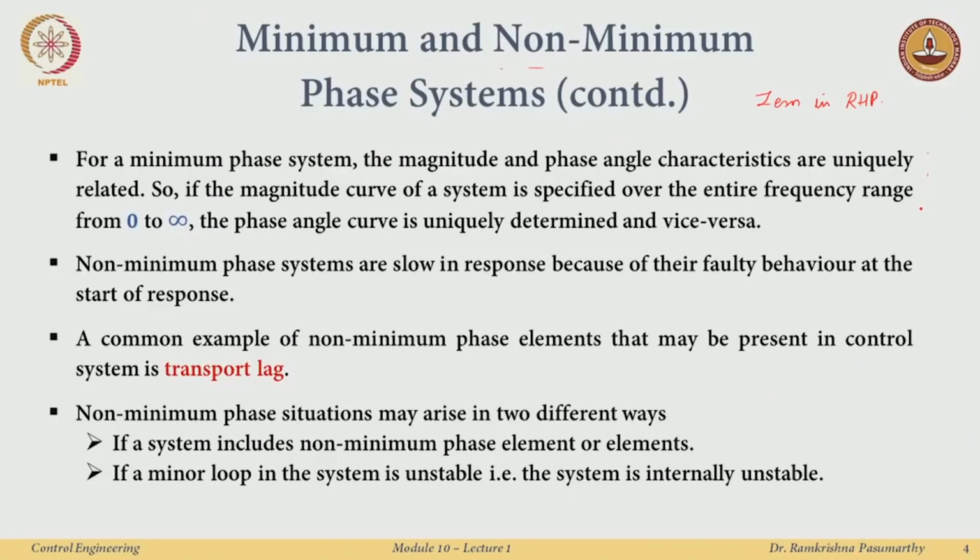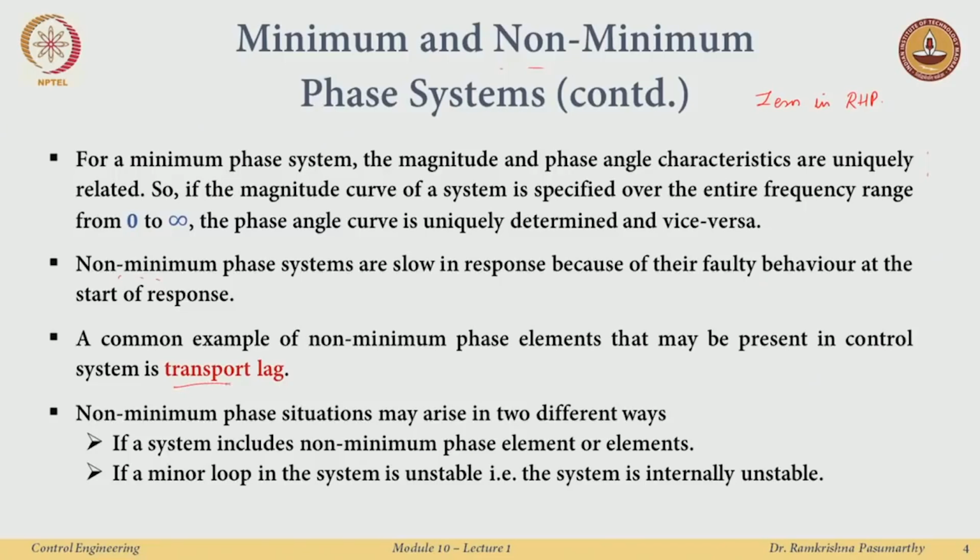We also concluded that if the system is minimum phase, the magnitude response will uniquely determine the transfer function. And we will detail this a little more: non-minimum phase systems are slow in response because of the faulty behavior at the start of the response.